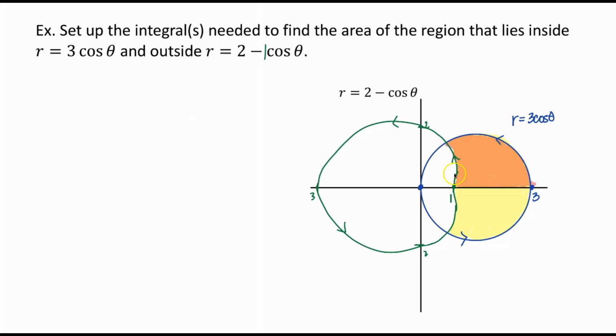When it comes to finding polar area, we want to start at the angle 0 and think about collecting area as I move in a counterclockwise direction. So if I start creating these little sectors extending all the way to the boundary of the circle, r equals 3 cosine theta, I'm collecting too much area. I have all of this extra piece here that's still inside of the dimpled limacon that I want to get rid of.